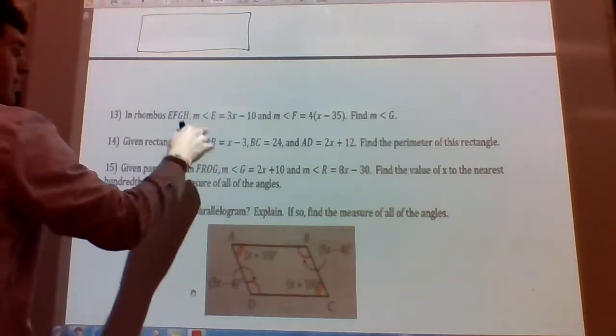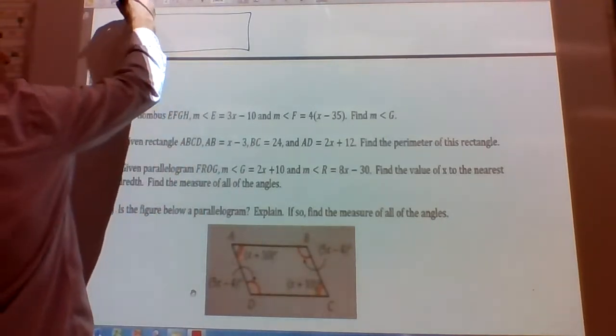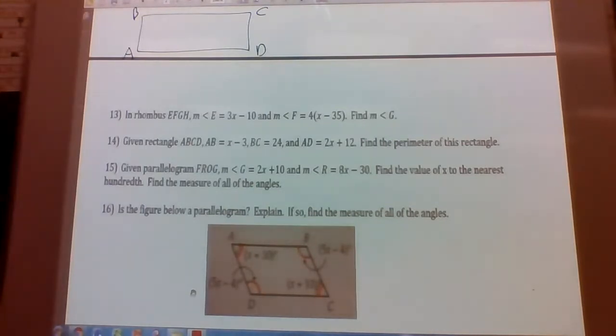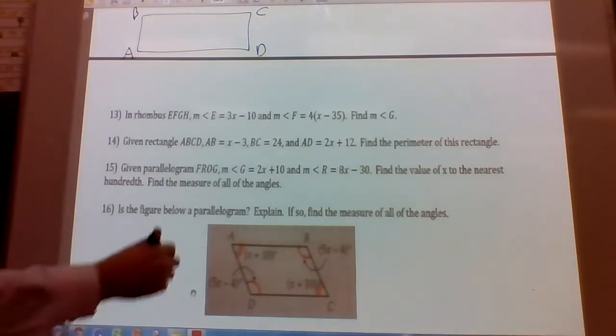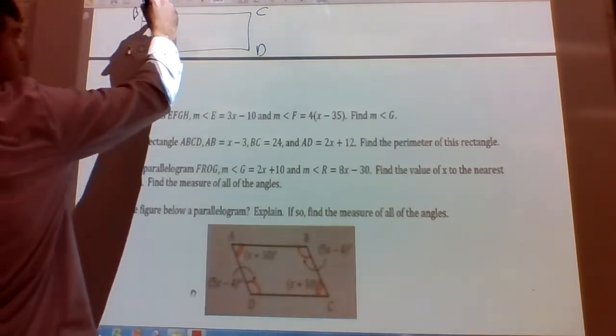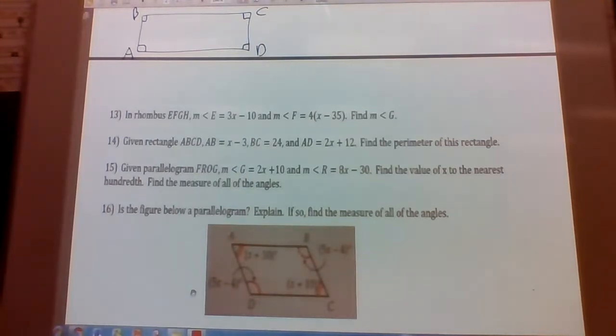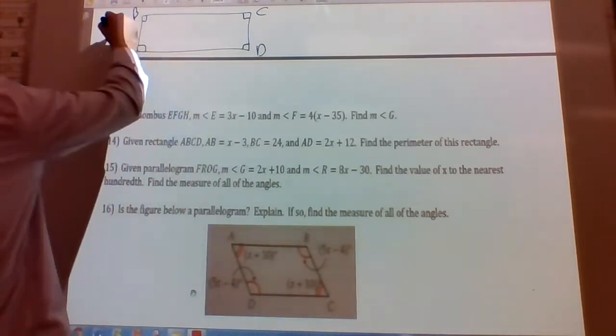Okay, we have a rectangle, A, B, C, D. First of all, we know rectangles have right angles. Not sure if that's going to help us, but let's put it in because that's how we define a rectangle, as a parallelogram with 4 right angles. Okay, AB is x minus 3.